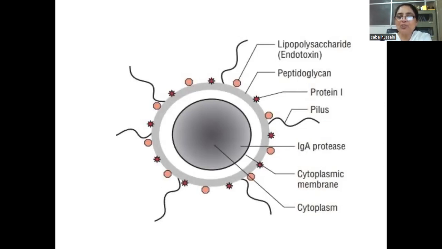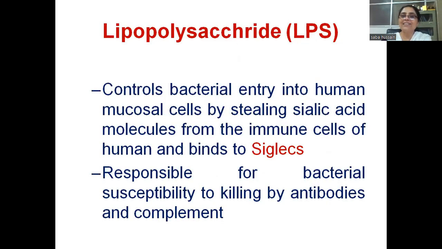Then IgA protease enzyme is also present. The cytoplasmic membrane protects the bacteria, and its cytoplasm also plays a role as an antigenic property. What are they doing and how? Let's go to the next slide and study.